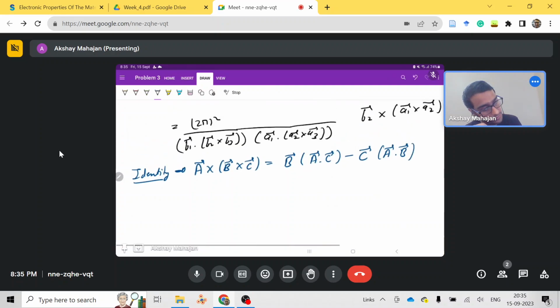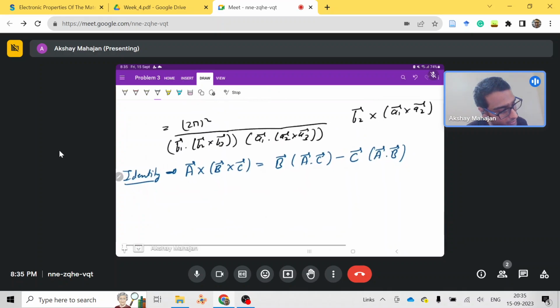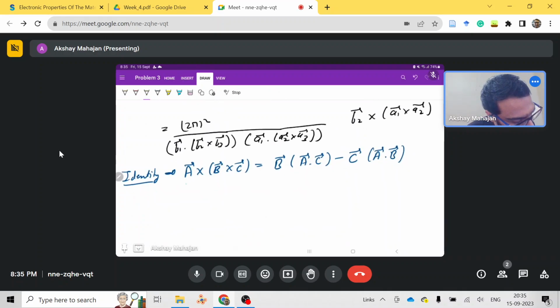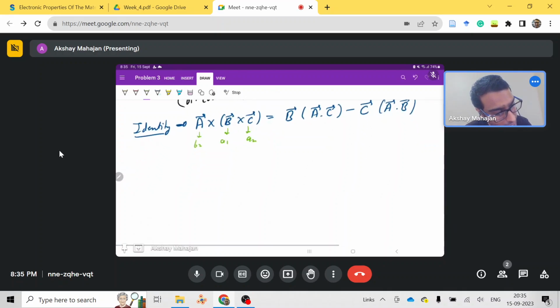Now here, instead of a vector we have our b2, instead of b we have our a1, and instead of c we have a2. So now we will just use this formula for this cross product. Going back to our problem.